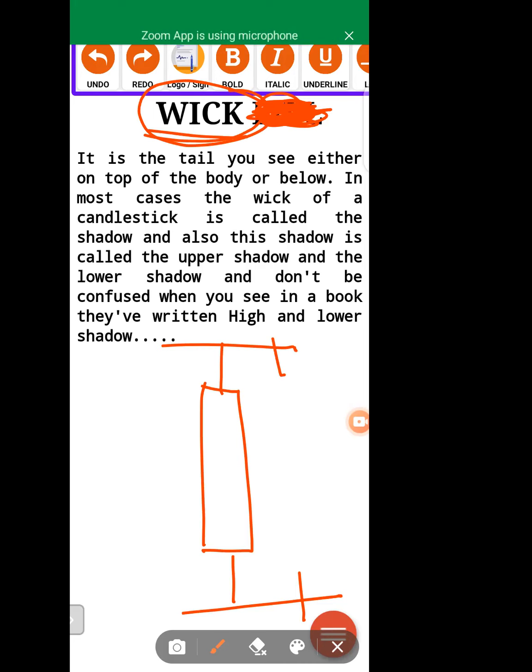Okay, so the wick itself is the tail you see either on top of the body or below. So on top is here or below. Now, in most cases, the wick of a candlestick is the shadow.